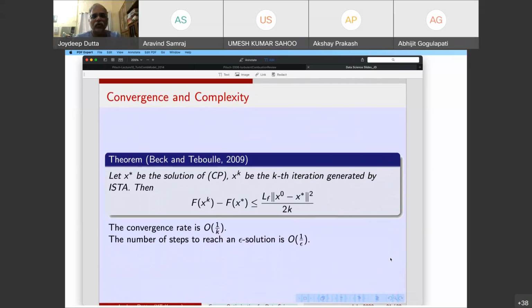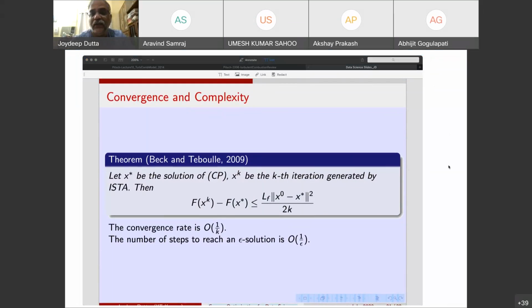So what did Beck and Teboulle show? Beck and Teboulle showed this very important result. He showed that if x star is the solution of that problem f plus g, and xk is the kth iteration generated by ISTA, then f(xk) minus f(x star)... This is the style we started with Yurii Nesterov, and through that we have this kind of analysis by mathematicians, the complexity analysis.